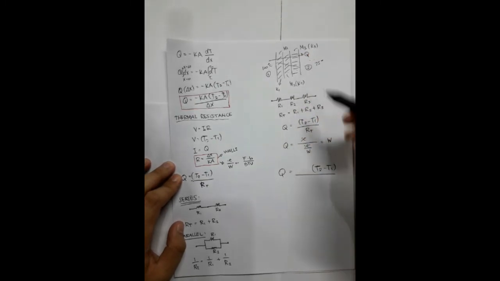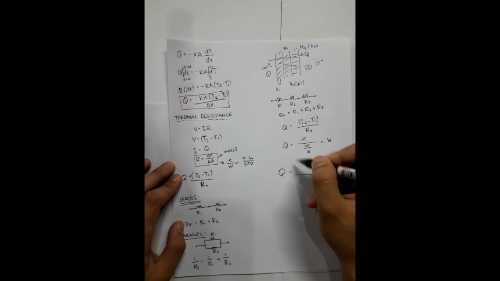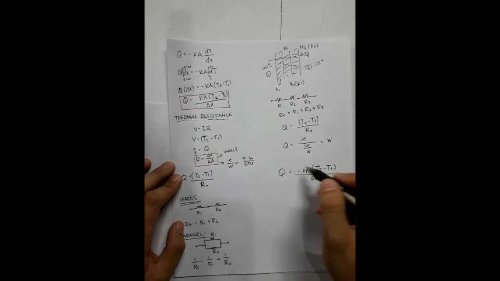Kaya nagkakaroon ng thermal resistance, kaya meron tayo sa formula natin na Ka over delta X. Or in short, na-discuss natin na pwede natin isulat yung Ka delta X as thermal resistance.